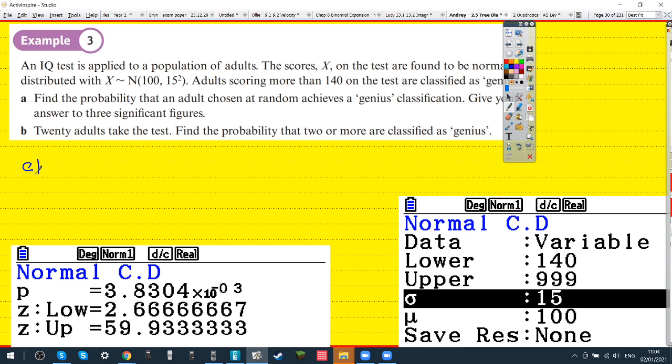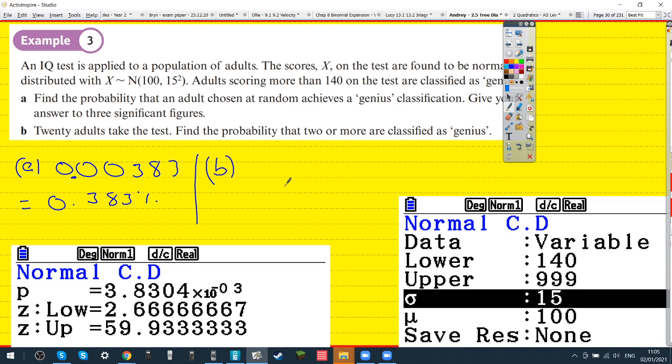So part A, 10 to the minus 3, that's 3 zeros, and then 383, and don't forget the decimal. Or to make it a bit less weird, times it by 100. So it would be 0.383, and that's percent. So you can write it as a percentage. So it's not standard form or anything.